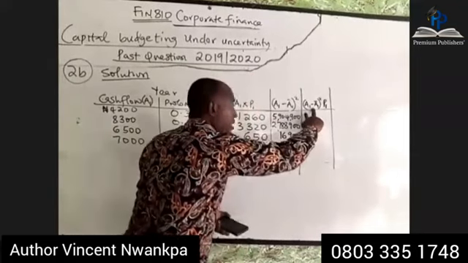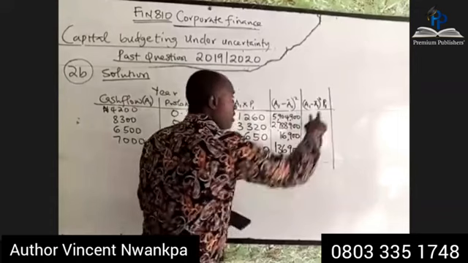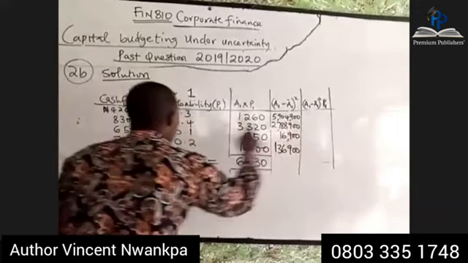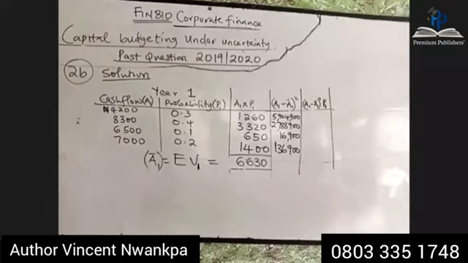I hope you know what is here. This one raised to power 2, multiply by probability. This times 0.3, 0.4, 0.1, 0.2. Those of us online, any question?